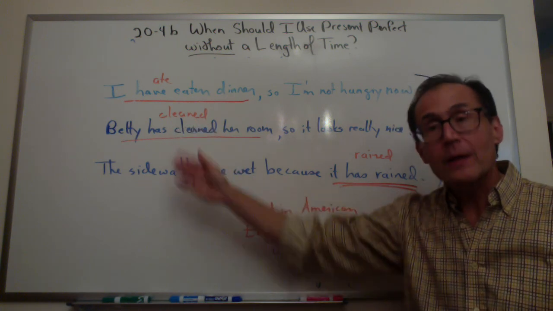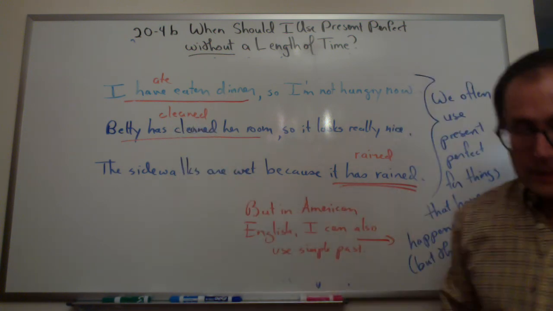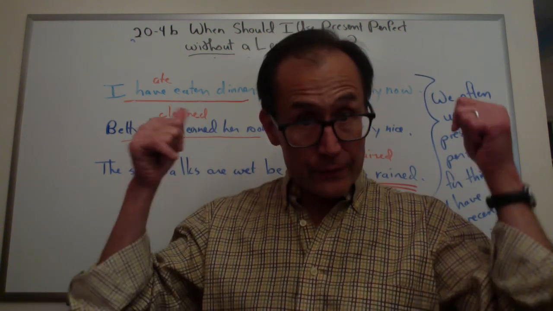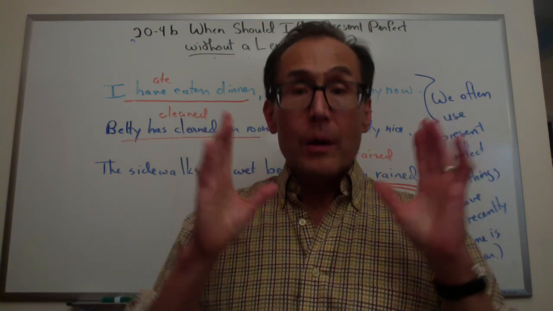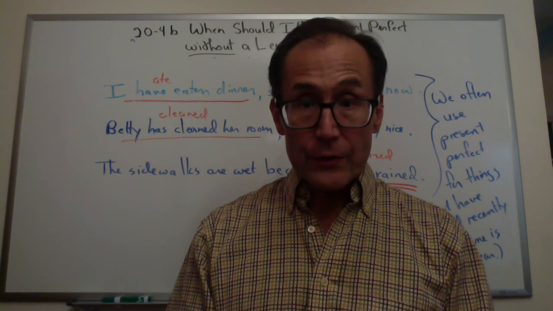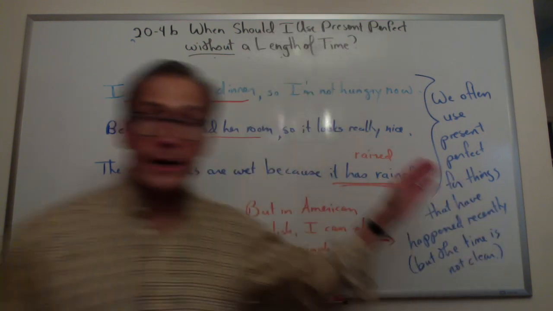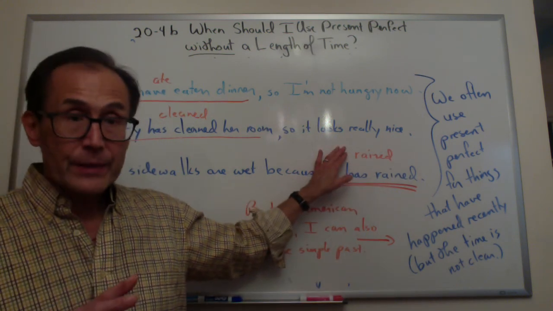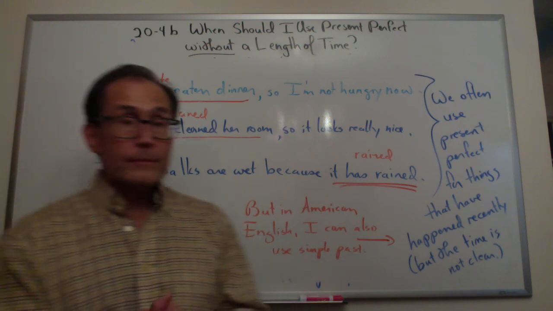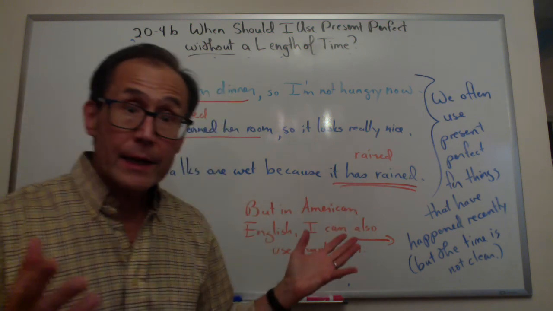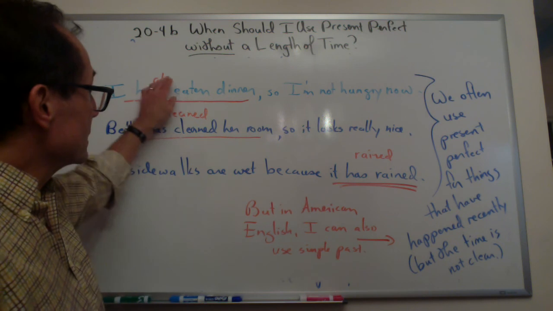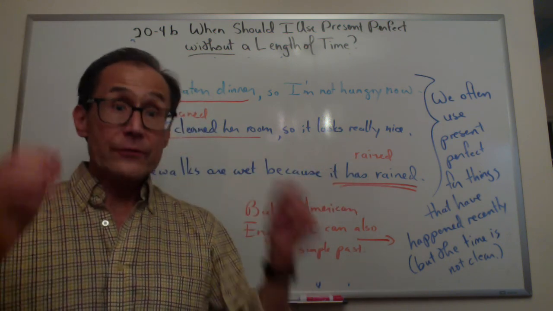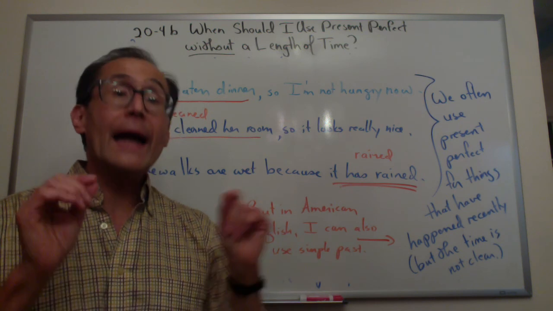But let's review. A very common use of present perfect is this. Americans will often use present perfect to talk about things that have happened recently, but the time is not clear. However, it's also okay to use simple past. And remember again, if we say the time, I have to use past.